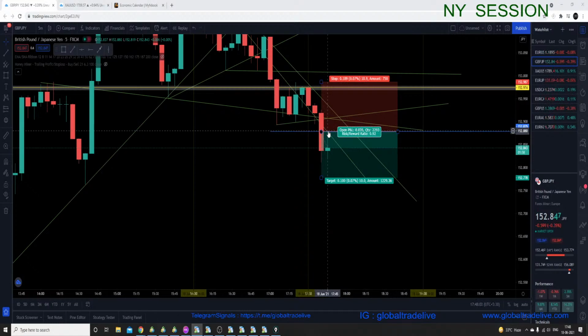It has rejected the trend line, moving all the way down. So if it starts to turn back, then this can be a big candle.